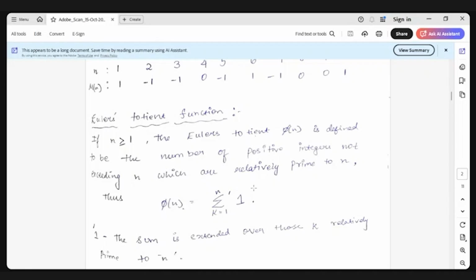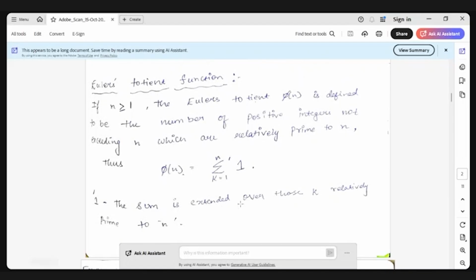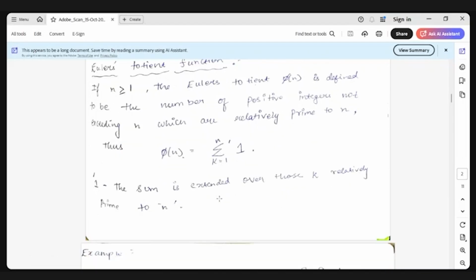So if we run through the numbers which are less than n, and if a number is relatively prime to n, then give me 1. If not, return 0. If I count the number of ones I get out of that, that is going to be the number of relatively prime numbers less than n. That is the Euler-Phi function phi of n. So this is just the sum extended over those k which are relatively prime to n.